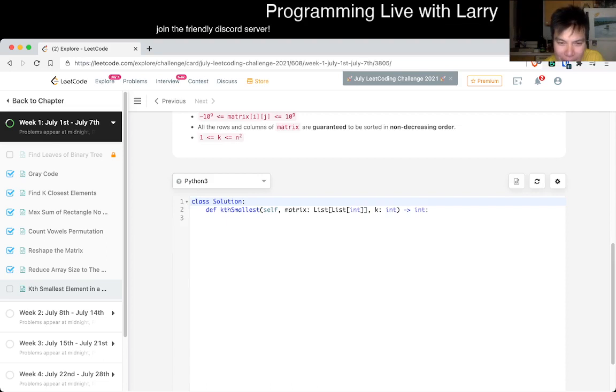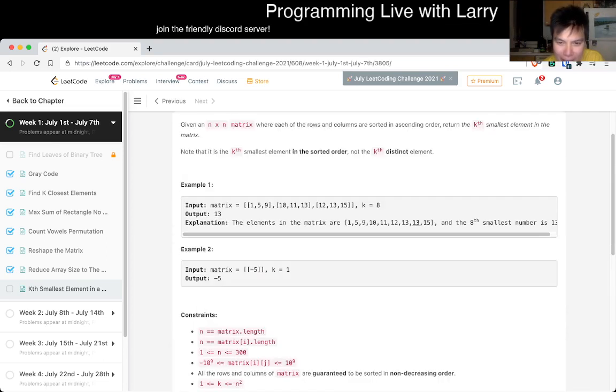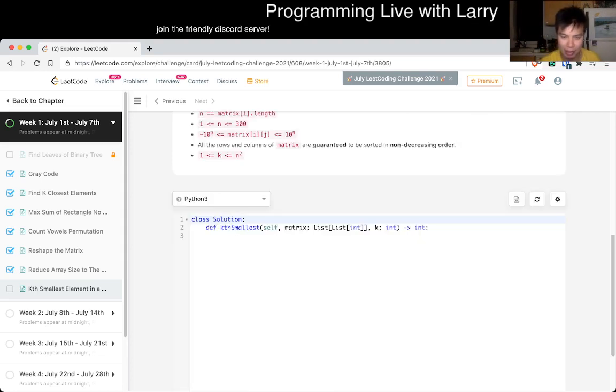These always feel a little brain teaser-y as well, but let's play around with some numbers and see if I can figure out the pattern here. So basically you have this matrix, for example, and if we sort it, it'll be 1, 5, 9, 10, 11, 12, 13, 14, 15, right?